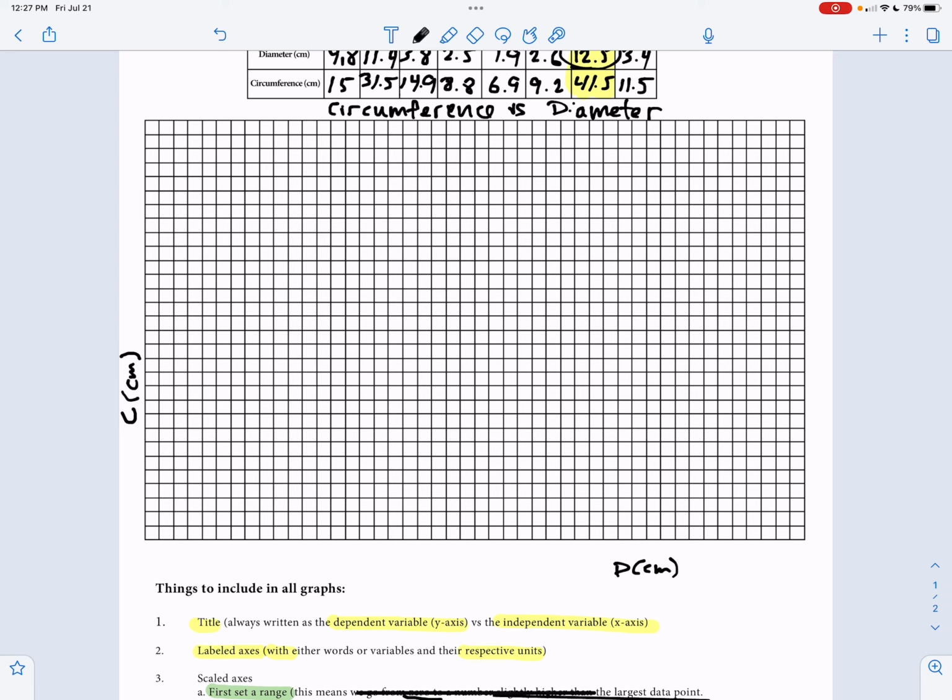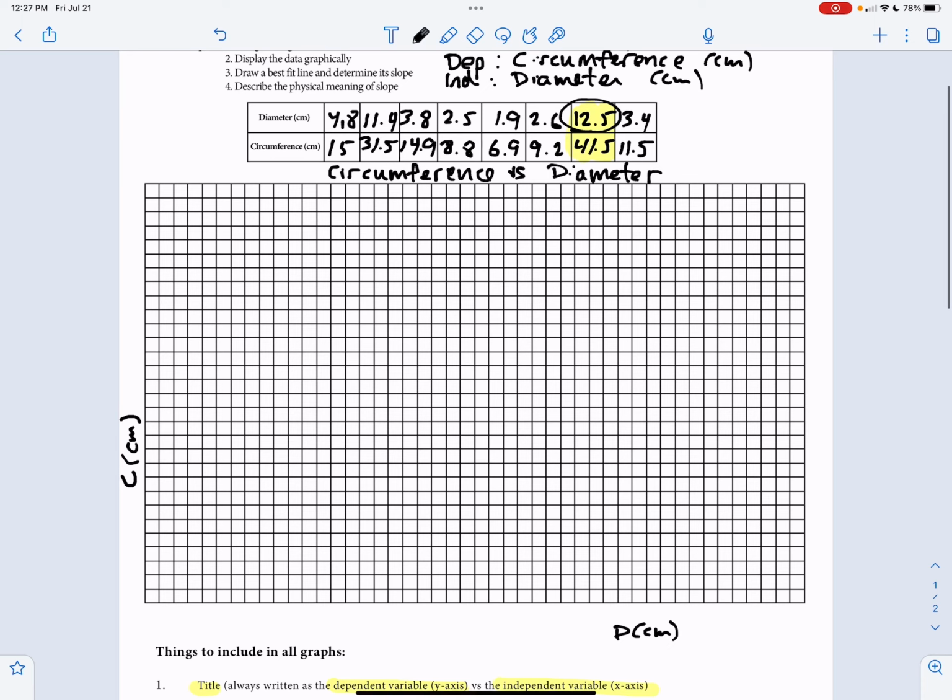Okay, so I count 46 boxes across. And then going up, 30 boxes going up. Okay, so we got 30 going up, we have 46 going across.